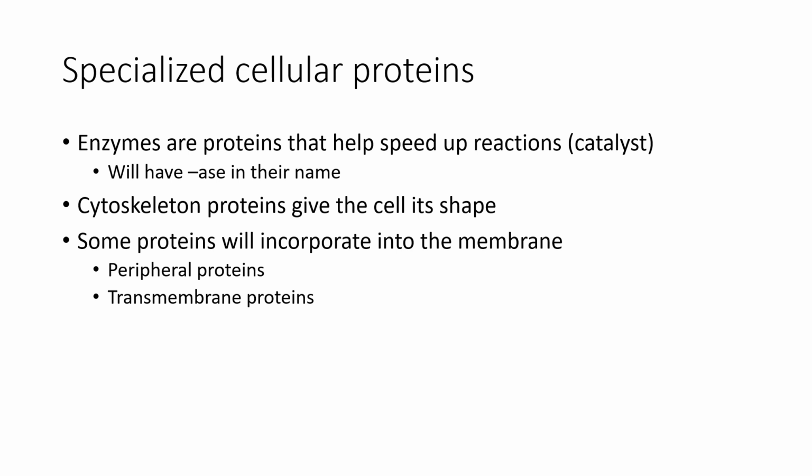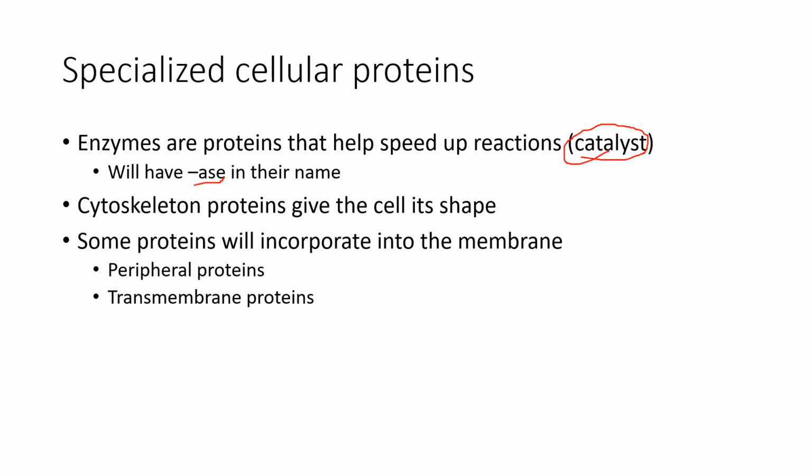Now, I am just going to mention a couple of specialized cellular proteins, and one of them is enzymes. Enzymes are proteins that speed up a reaction, and anything that speeds up a reaction but doesn't get used up itself is called a catalyst. So enzymes are protein catalysts, and whenever you see ase at the end of a word, it usually means that they're protein catalysts or enzymes.